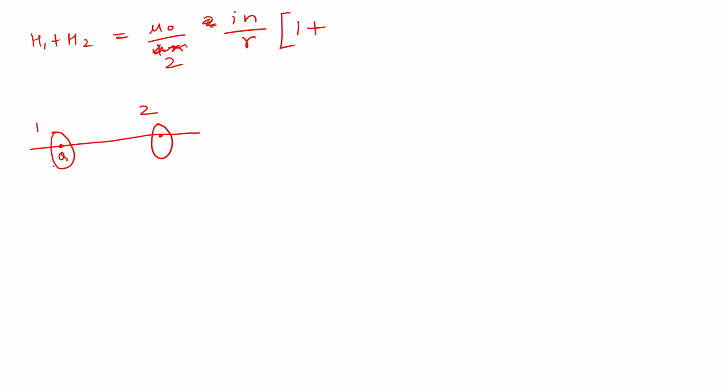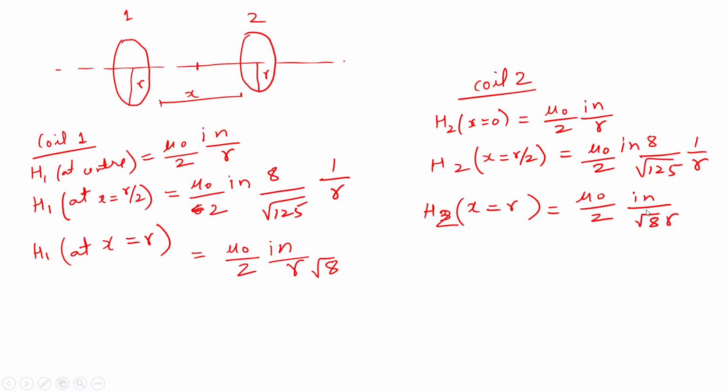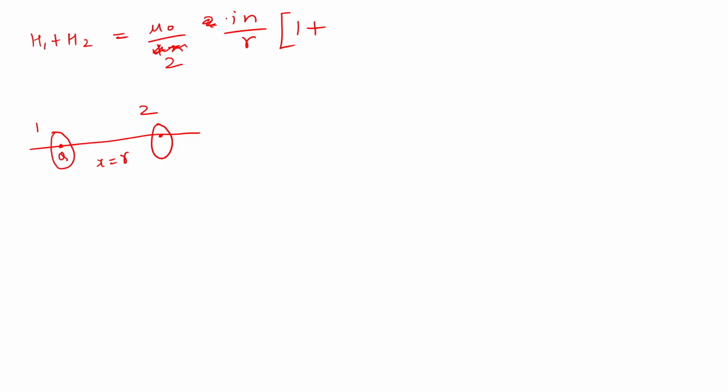So for coil 2, this point Q is at x equal to r distance. For this coil it will be root 8 times r. So I have taken r common, and this means root 8.